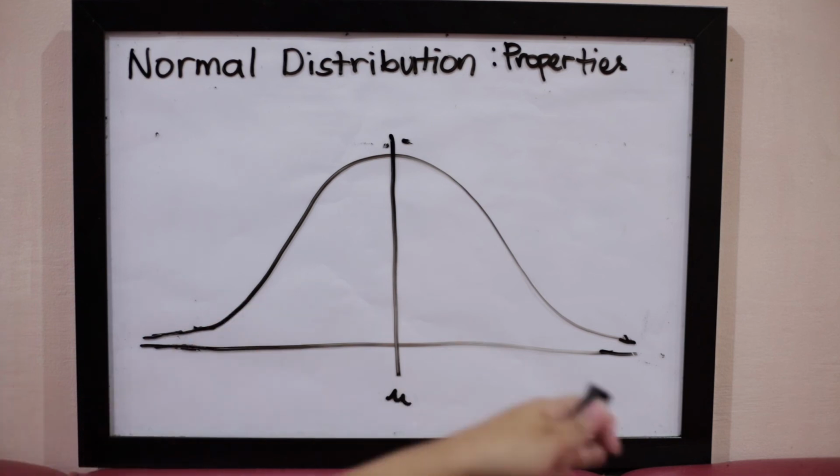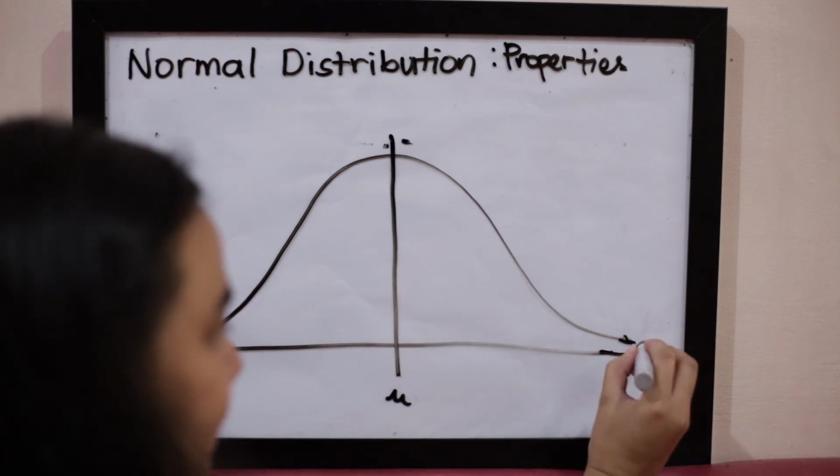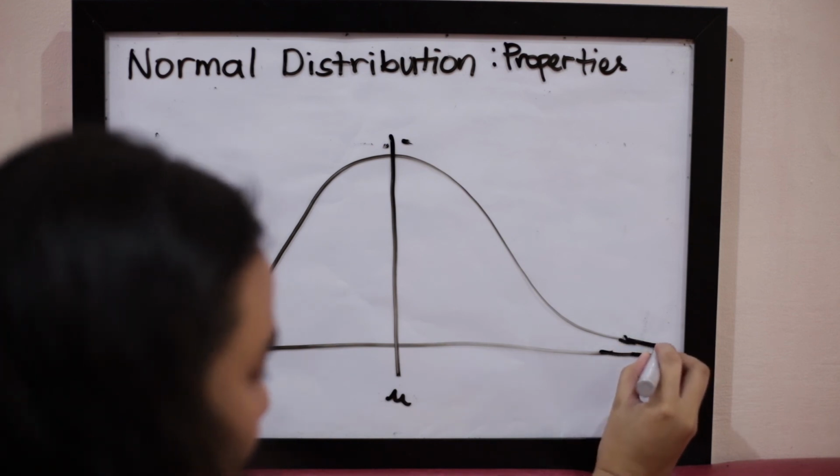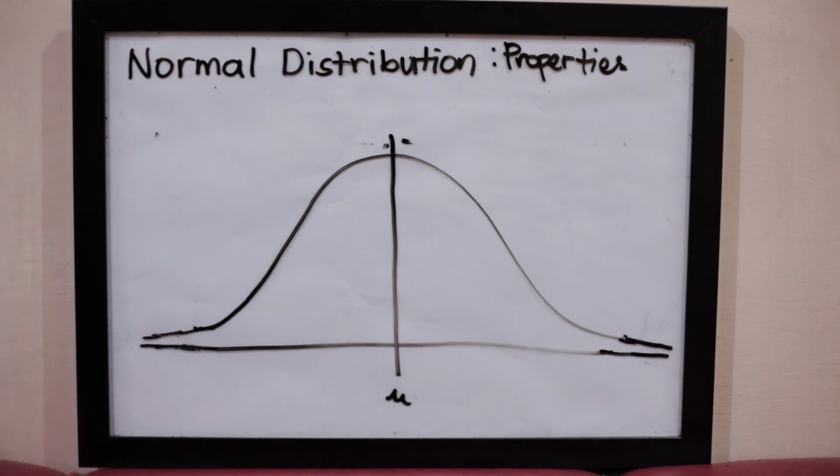It is also the same on the other side: if we extend this, it will get closer to the x-axis but will never intersect it, or never overlap the lines.